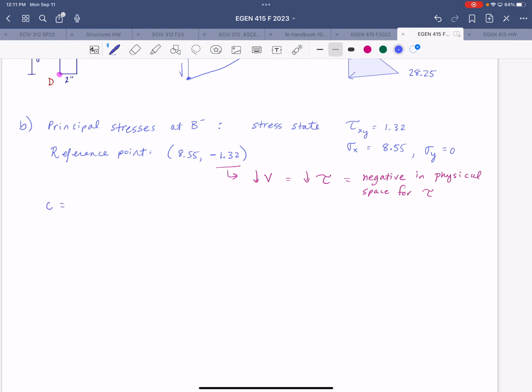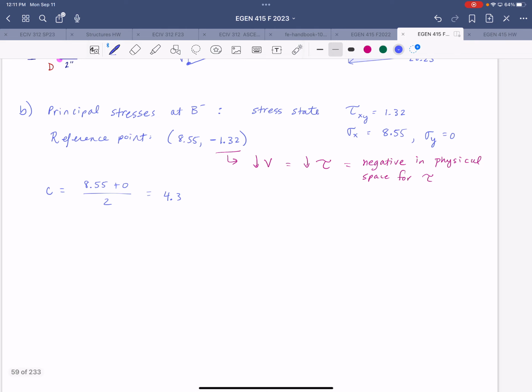All right, so the center of the circle then is going to be the average of the two normal stresses, so 8.55 plus 0 over 2, 4.3, rounding a bit. Radius calc will be square root of 4.3 squared plus 1.32 squared, which gives us 4.47.